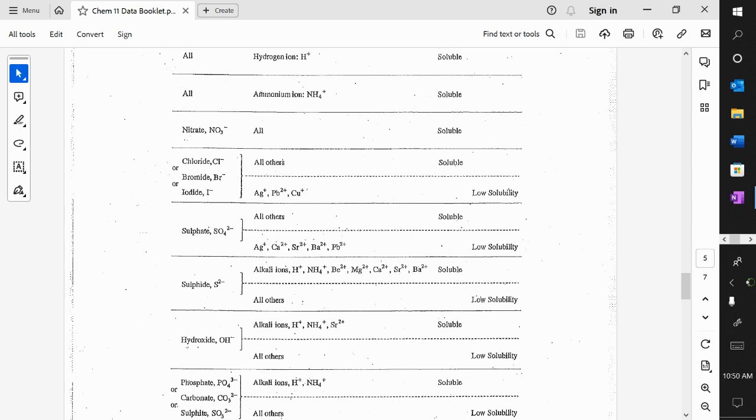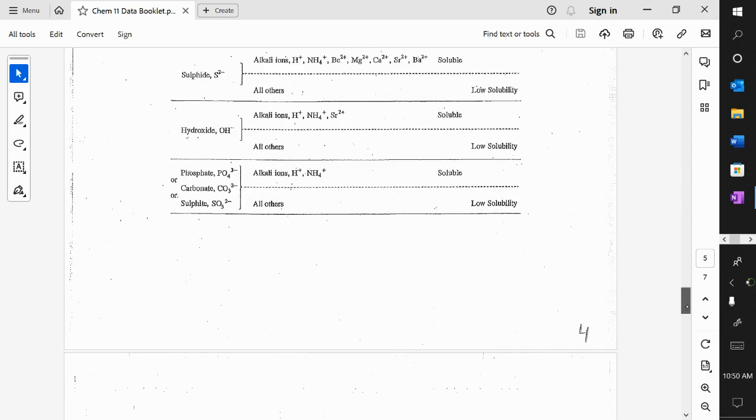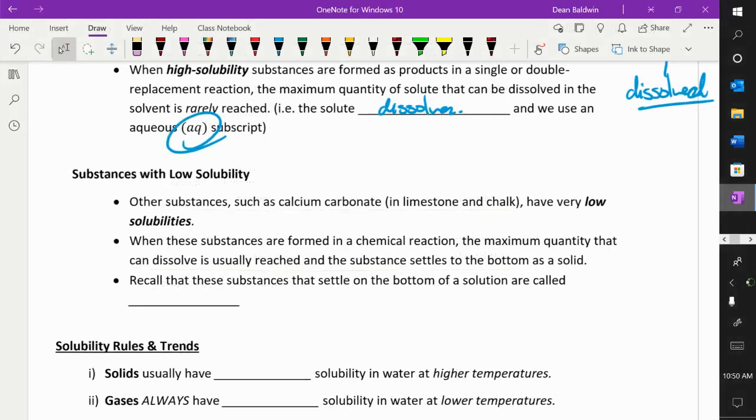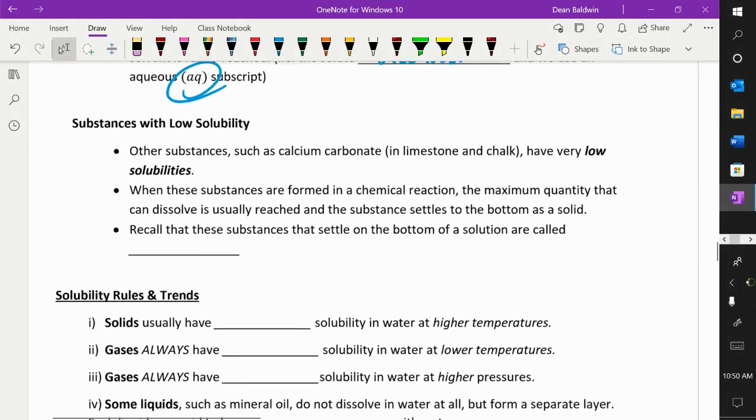If it's low solubility, what do we call that? It means there's a solid forming. What do we call the solid that forms? It's a precipitate. They settle at the bottom, and we call these a precipitate.